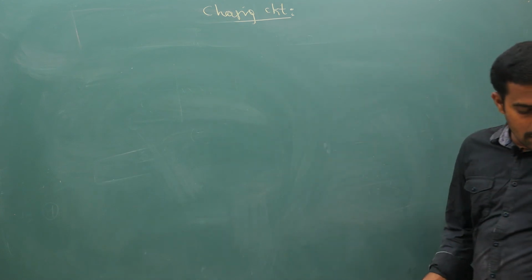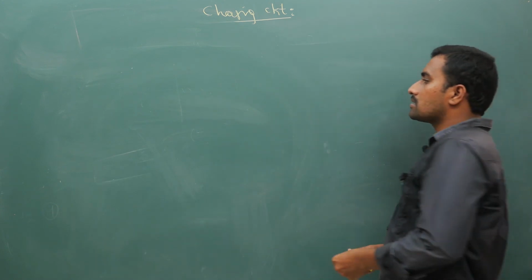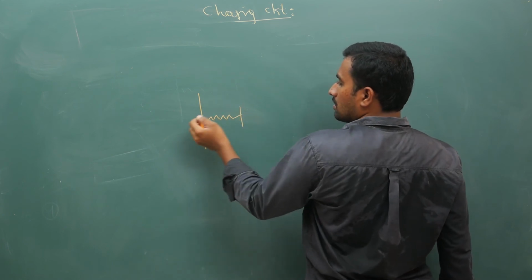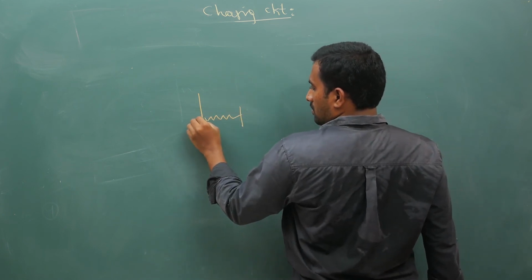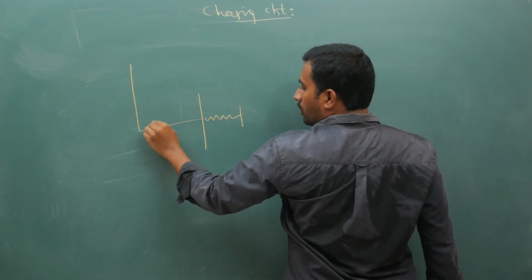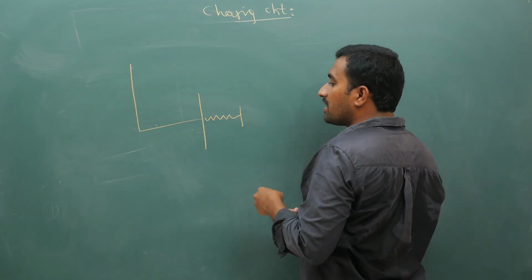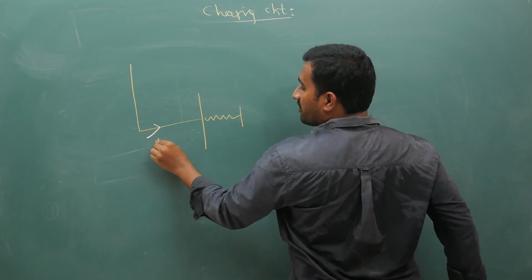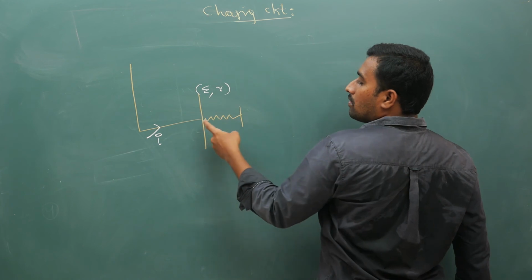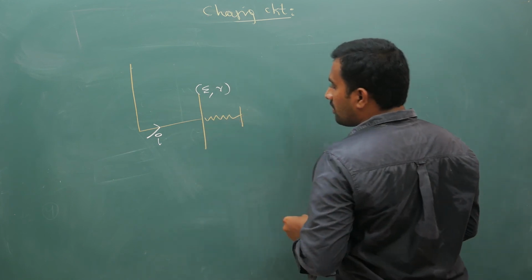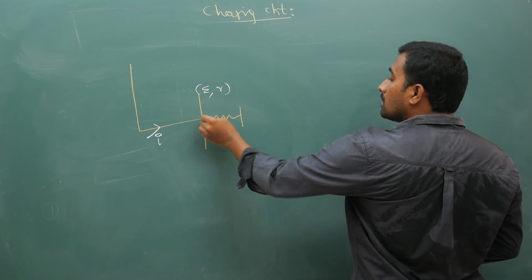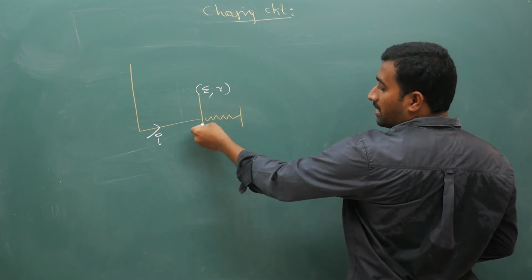In your charging circuit, you will have a battery with internal resistance, and you are going to send current through it. Previously the current direction was away from the positive terminal. Now the current goes through the battery from positive to negative, whereas previously it was from negative to positive.